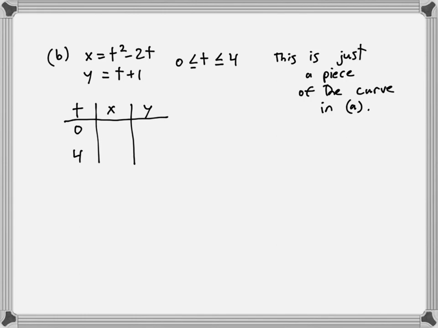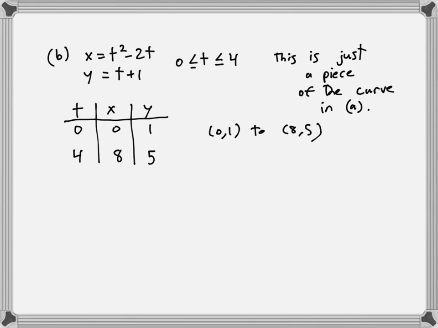If we plug in t equals 0, remember we already did that. We got the point 0, 1. So that's the beginning of our curve. And if we plug in 4, y is 5, and x is 16 minus 8, which is 8. So we're going from 0, 1 to 8, 5.